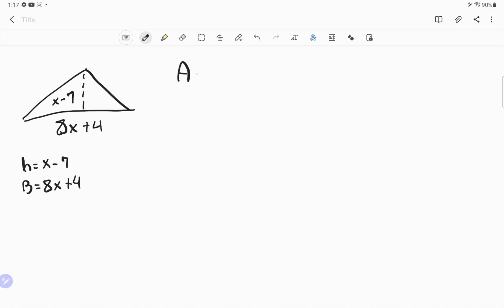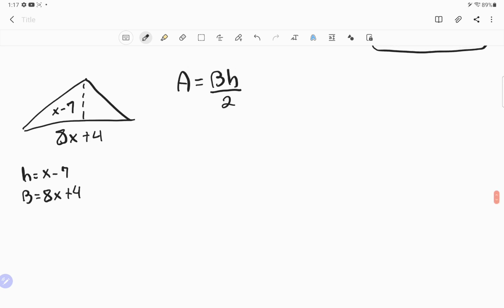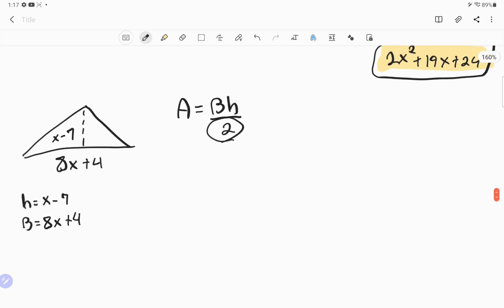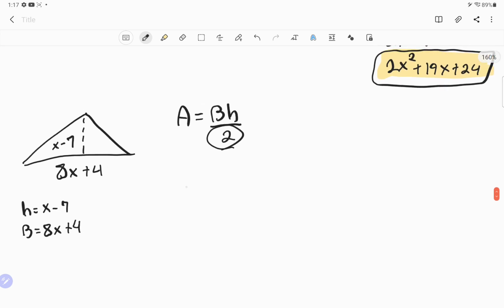My equation for area of a triangle is going to be base times height divided by 2. I'm going to write divided by 2 at the very end just to deal with it later. But right now I'm just going to write what I have on top.